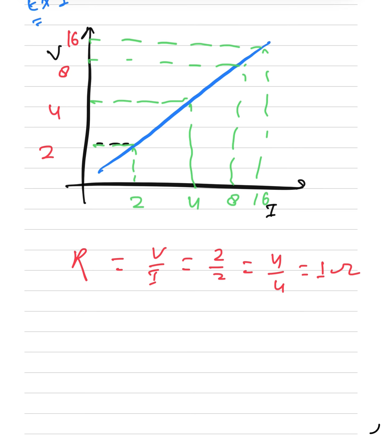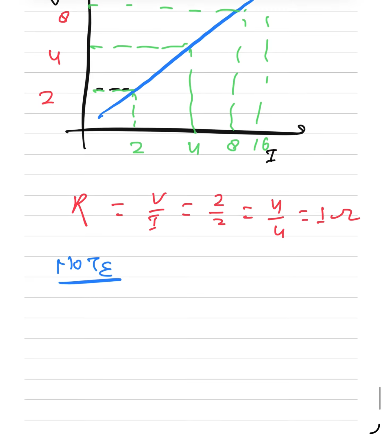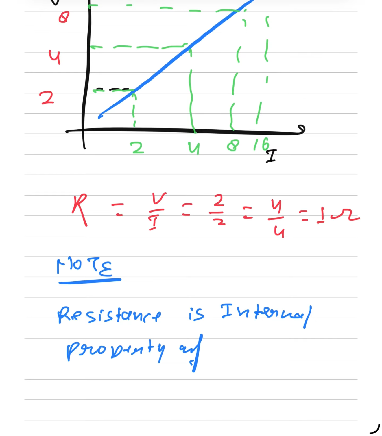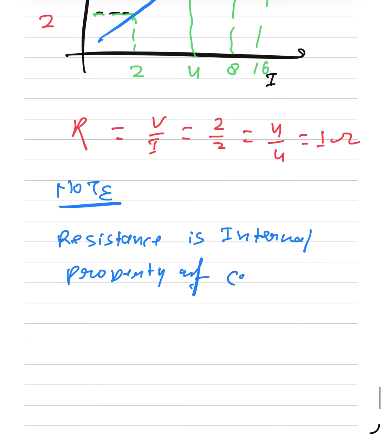And for the basic concept, resistance is an internal property of a conductor.